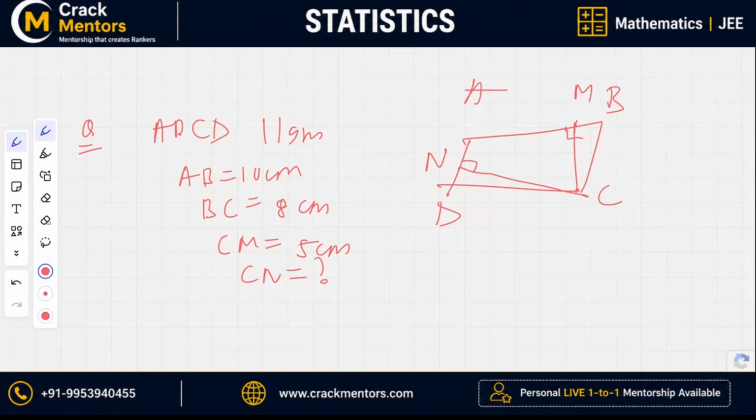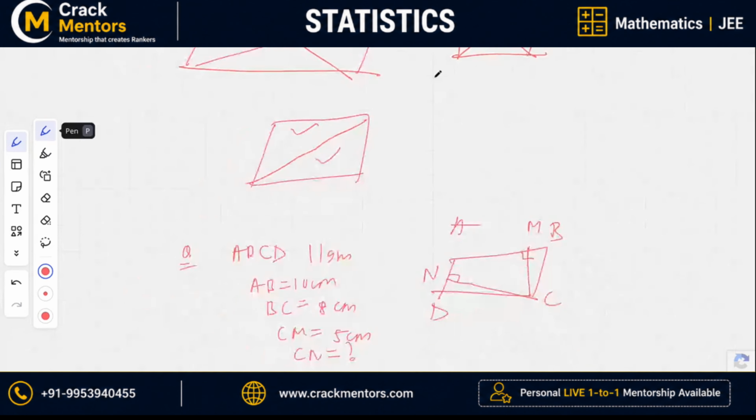I was thinking that maybe we could use similarity, but that won't apply here. Yeah, there could be a lot of ways. Actually, I just told you about this area concept, so maybe we could use this concept.